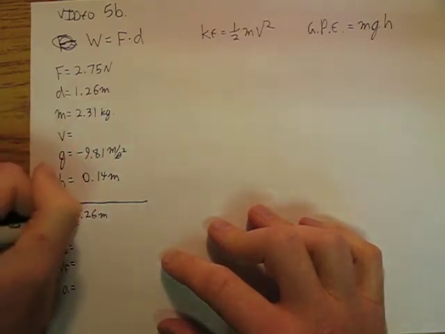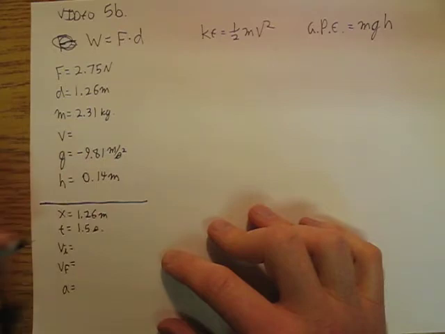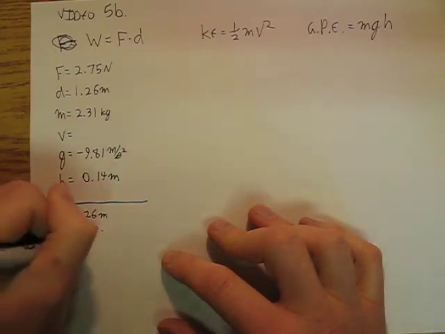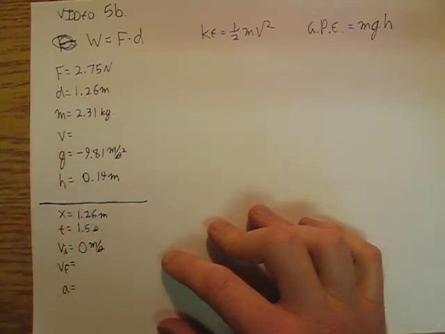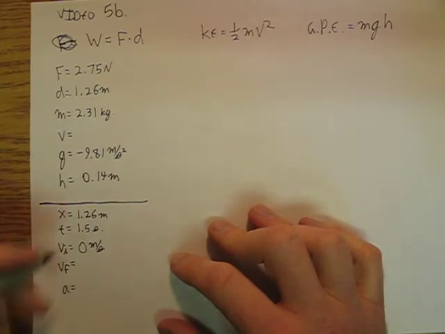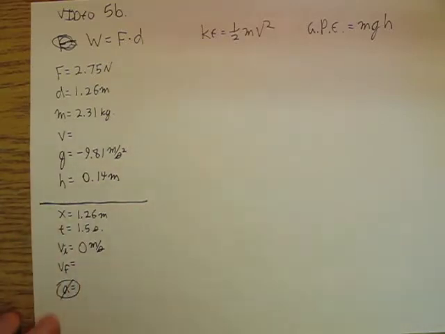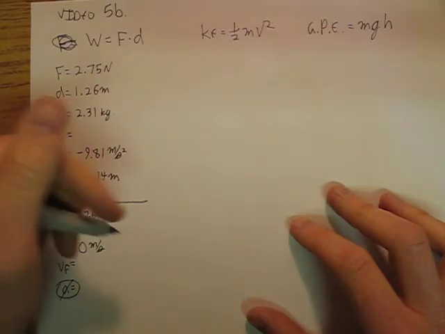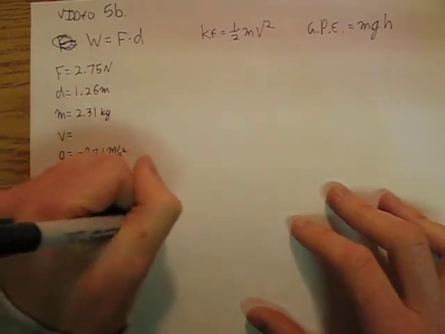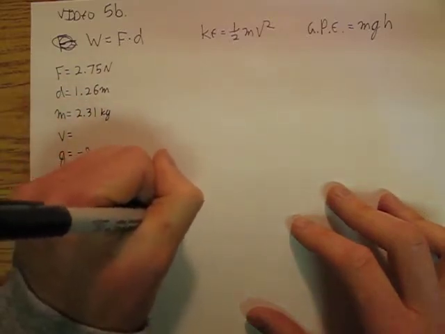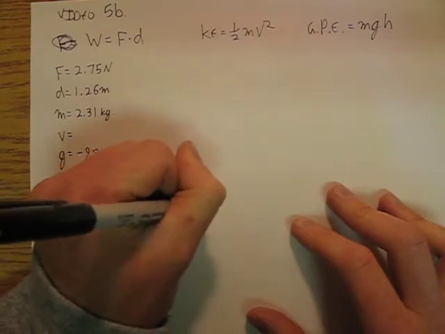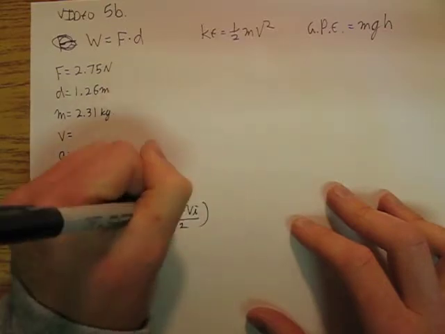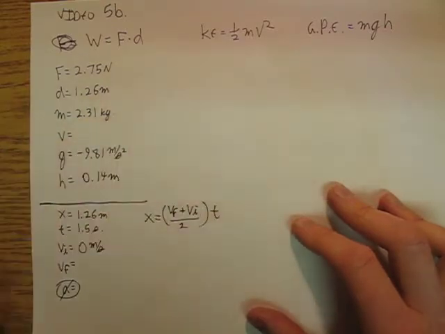The time that it took was 1.5 seconds. Its initial velocity was 0 meters per second. The final velocity is what we're looking for, and we don't care about the acceleration.